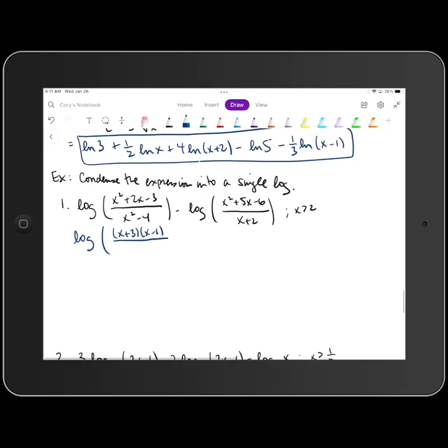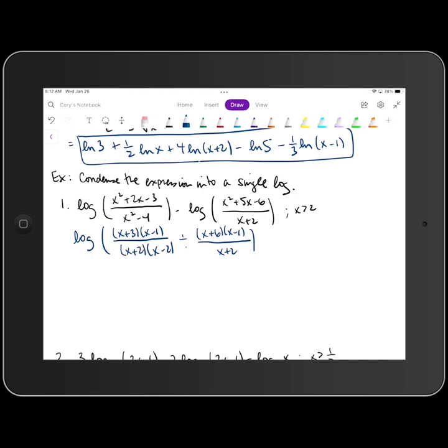For x squared minus 4, that factors to x plus 2 times x minus 2. And then we're going to divide the next fraction, so x squared plus 5x minus 6 factors to x plus 6 times x minus 1 divided by x plus 2.